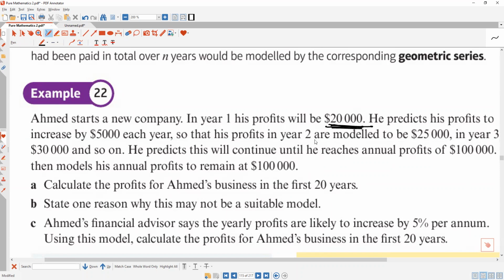Okay, so year 2 will be 25,000, year 3 30,000 and so on.